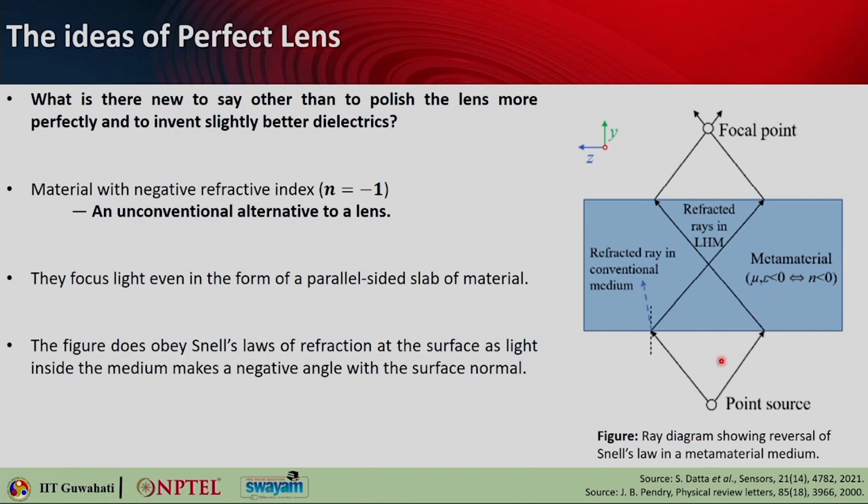Now, if you look into the picture carefully, you can see that Snell's law of refraction at the surfaces is actually followed, just that in the negative refractive index material the rays make a negative angle with respect to the surface normal. So, instead of bending to this side, they are actually bending on the opposite side, towards negative theta angle.